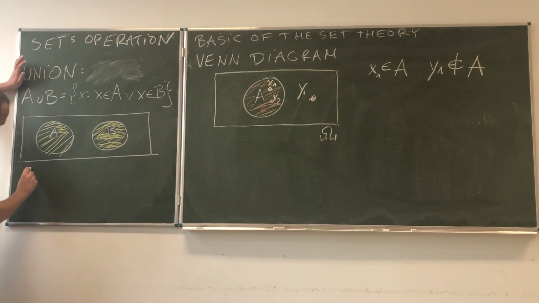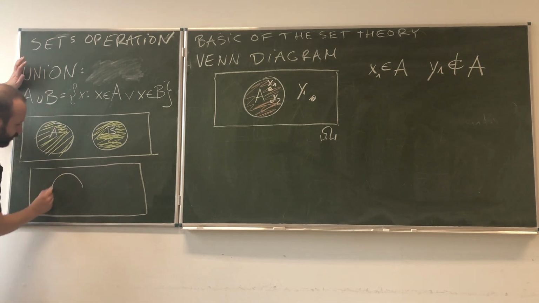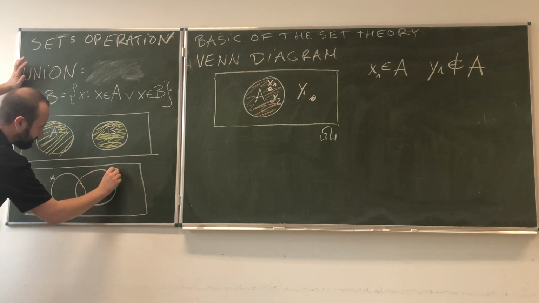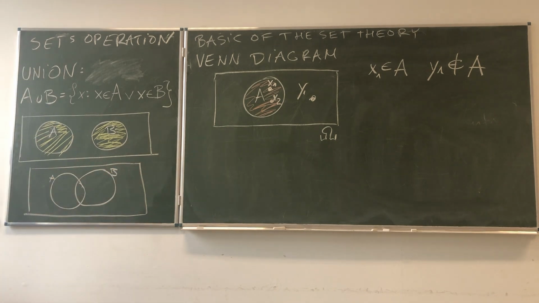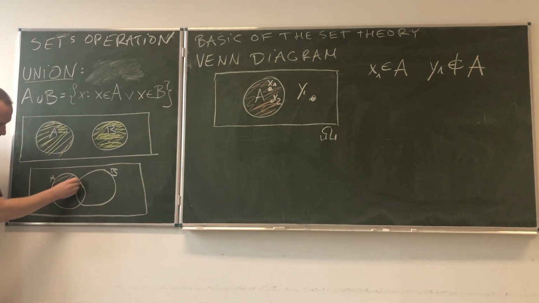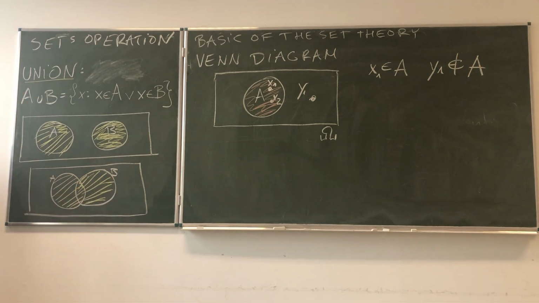Now, of course, we can have a situation where those two sets have a common part, but still the union takes all the elements that are either in one set or in the other set, right?